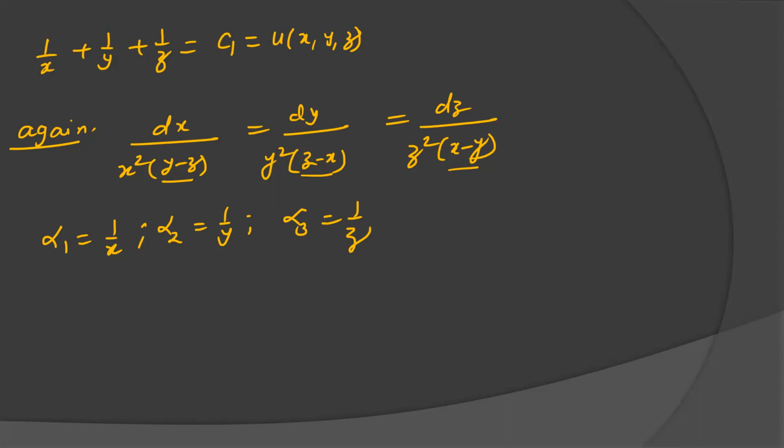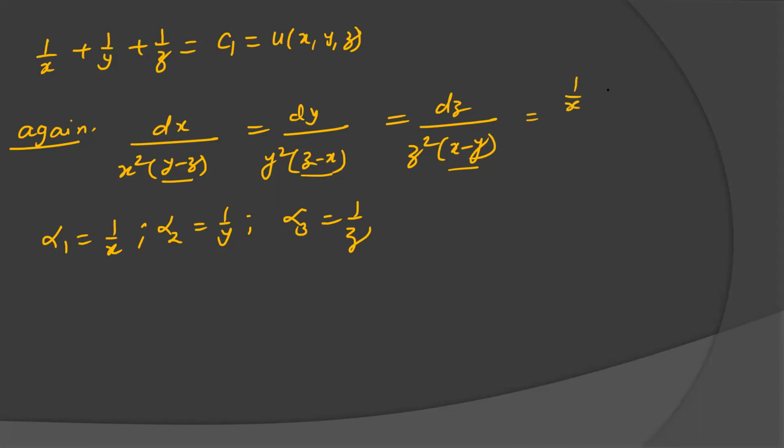Otherwise, making a zero in the denominator is not an easy job. So don't ask me why or how, because the denominator is going to be zero for this possible choice of alpha 1, alpha 2, and alpha 3. But how is a complicated question, because you have to practice for that.